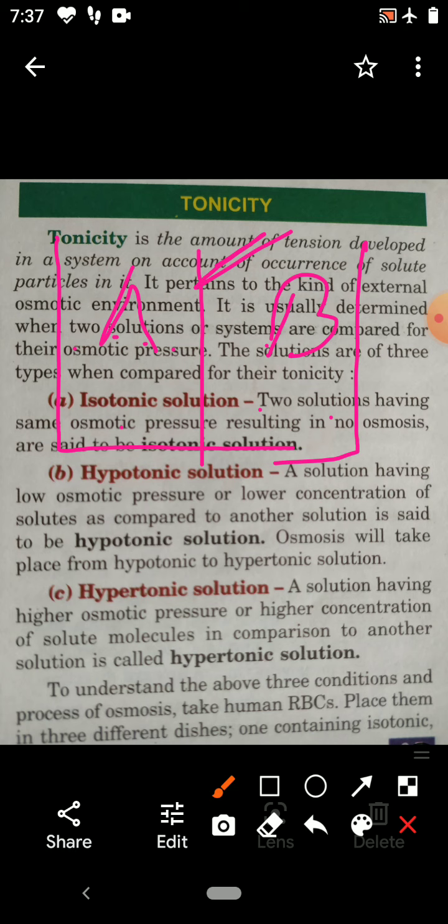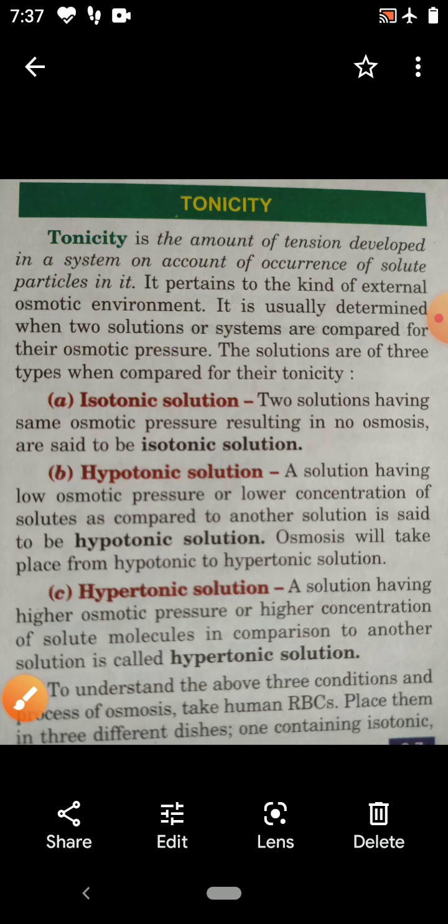If molecules of water can neither diffuse from A to B nor from B to A, it means solutions A and B have the same osmotic pressure and the same amount of solute, and they are called isotonic. So in isotonic solutions, there is no movement of water molecules across the membrane.